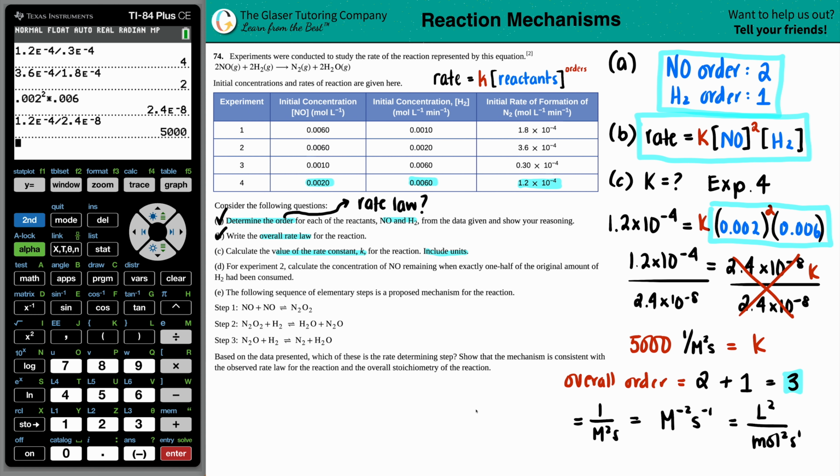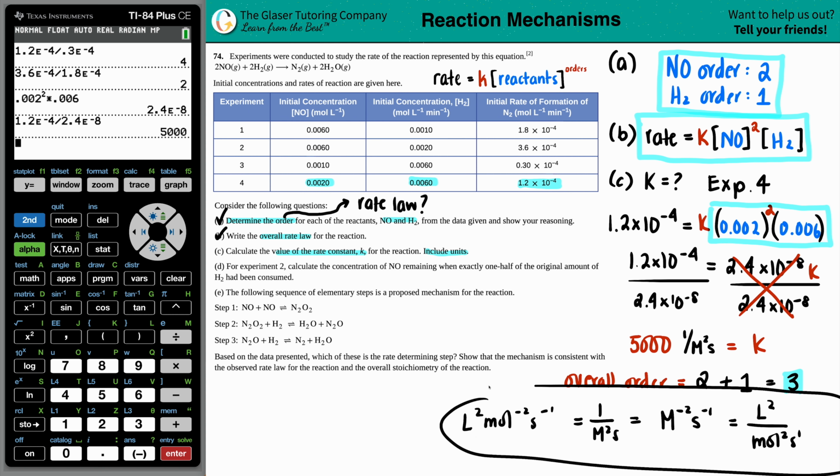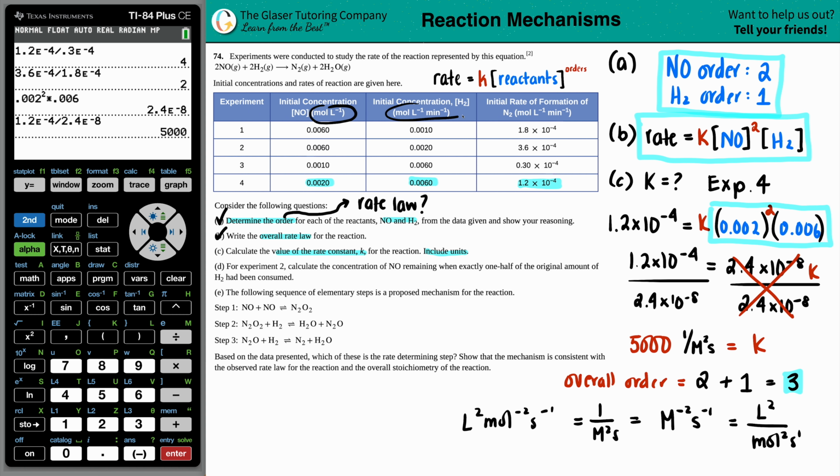This is the same thing as saying liters squared moles to the negative 2 seconds to the minus 1. It really doesn't matter which unit you use. You just have to use one of them. They're all the same. Oh, and this one, good catch, Christina, right? This one is in minutes.